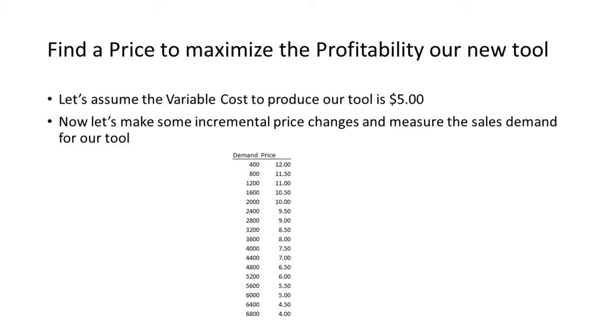And so if we did this a number of different times, this is the kind of data that we would generate. So we may have started off, say, at $10, and we decided to make some increments to go up to $12, and we also made some increments going down all the way to $4, and this is the demand data that we were able to measure at each of those price levels.